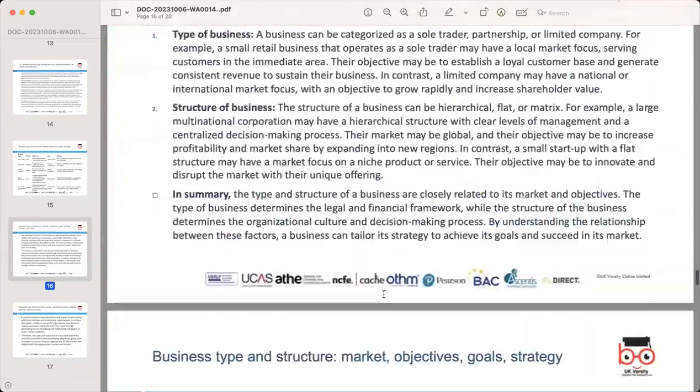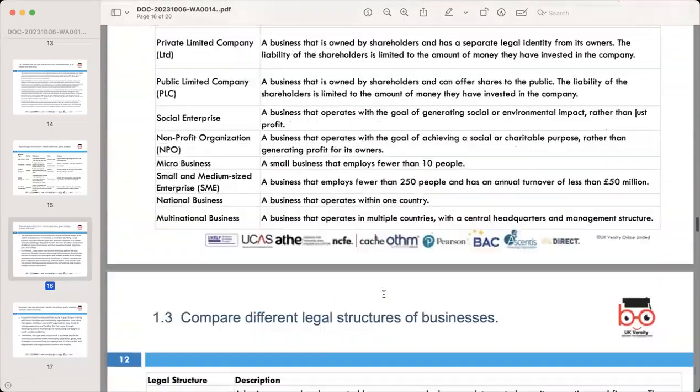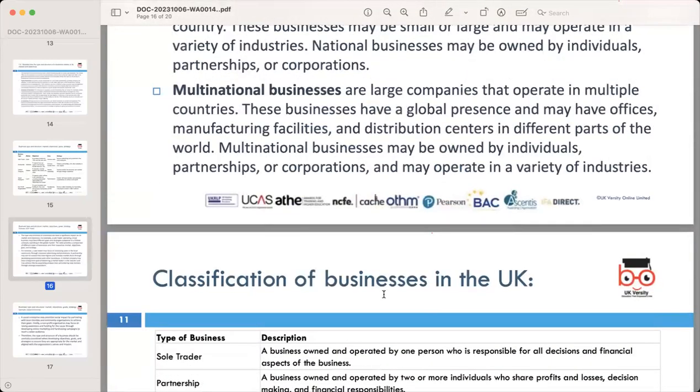So basically, you missed the initial part, but in today's session we discussed business sectors: primary sector, secondary sector, tertiary sector, then quaternary sector. Then we talked about types of business, profit and not-for-profit. Then NGOs, non-government organizations, then micro businesses.